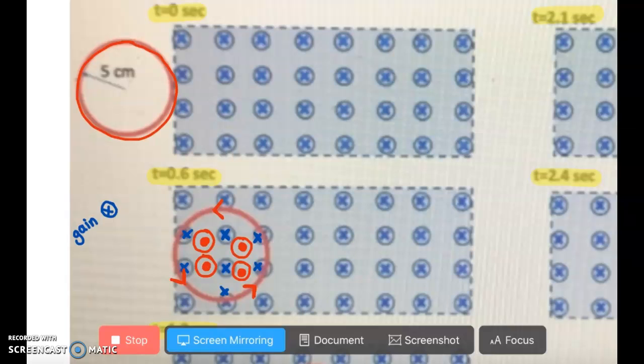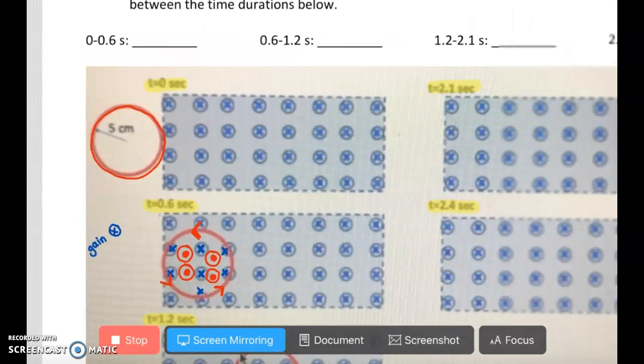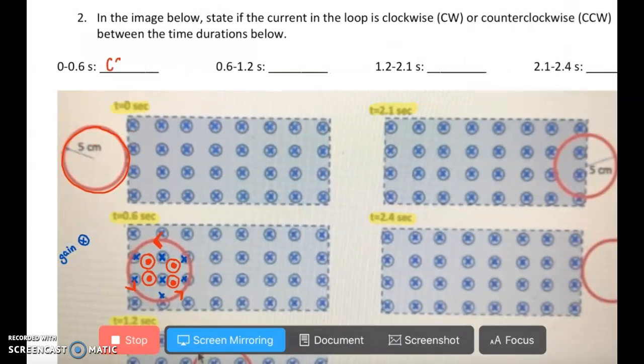I did not like this change, so I wanted to compensate for it. So I induced a current in the counterclockwise direction, so that it would create a magnetic field that's upward, to balance out this downwardsness change. Okay, so that's how I got counterclockwise current for that transition.